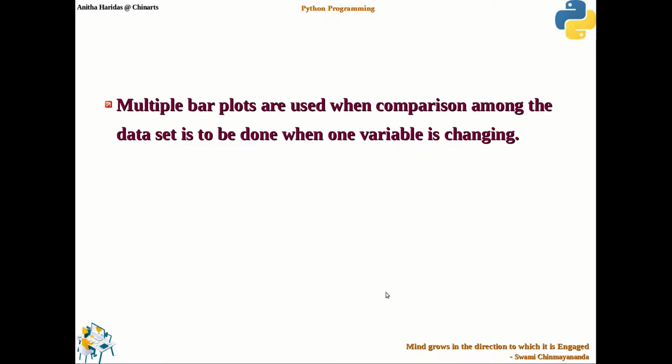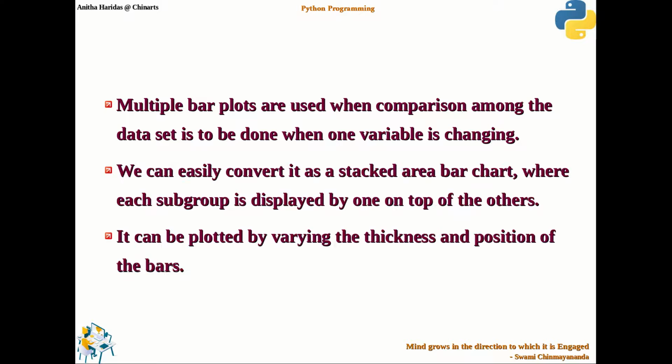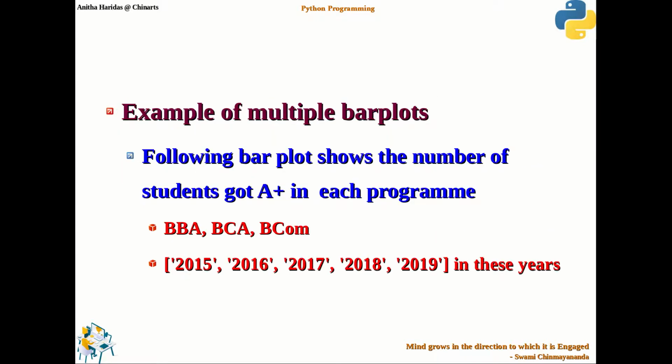Then we had also seen how multiple bar plots can be created, which is generally used for comparison, and for which we had taken this particular example of creating a bar plot that shows the number of students who have got A plus in each program in each year.